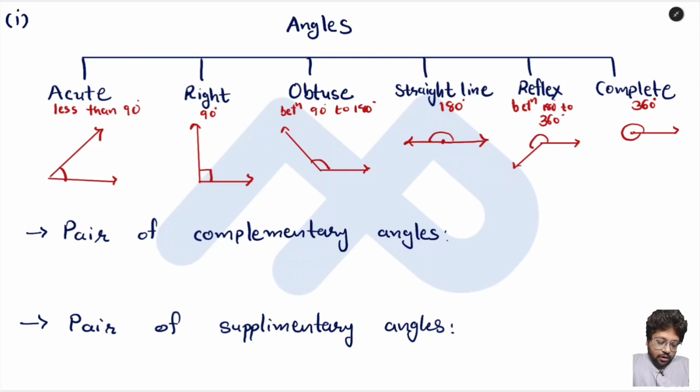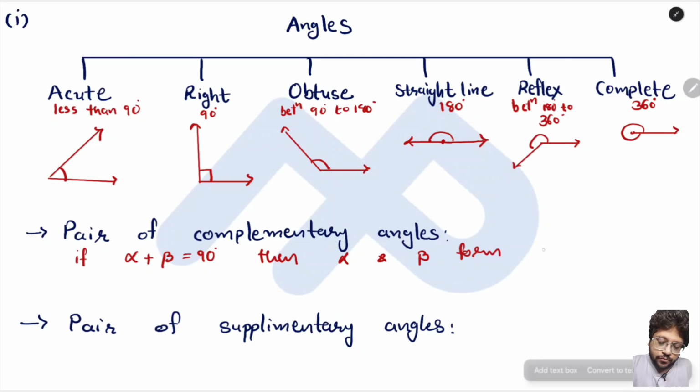Then what are a pair of complementary angles? A pair of complementary angles means when two angles sum up to 90 degrees. So let's say there are two angles, one is alpha and another is beta. If alpha plus beta, the sum of two angles, is equal to 90 degrees, then alpha and beta form a complementary pair.